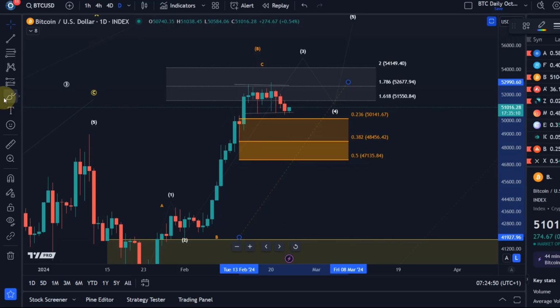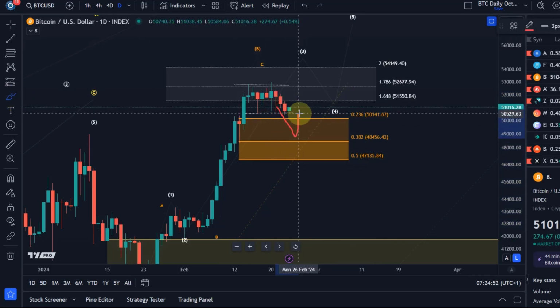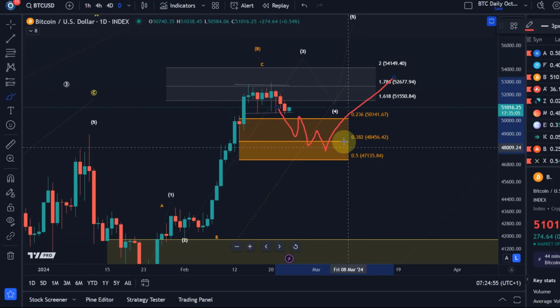But until that happens, literally it could test this area a few times and then go up, and it would be preferred for the price to test this Fibonacci support area, because when we have an Elliott wave count, we know in which wave, and I'm not showing the subwave structures here on the daily chart, but we know in which wave which Fib levels normally are tested. And in this particular case, they haven't been tested yet. And again, that's the area between 50 and 47k.